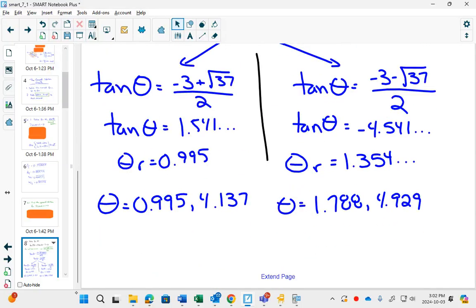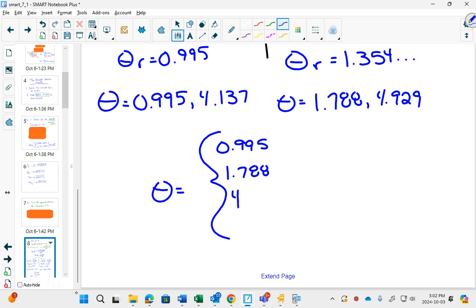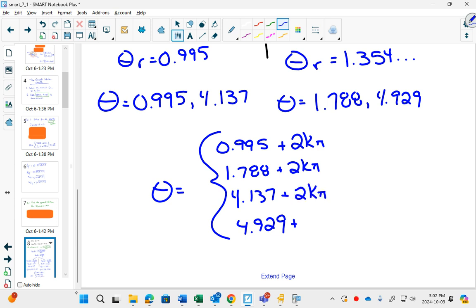So as a general solution, the last thing we would need to do is take all of our answers between 0 and 2 pi. And it doesn't matter the order, but I like to write them in numerical order. And add 2k pi to each of them.